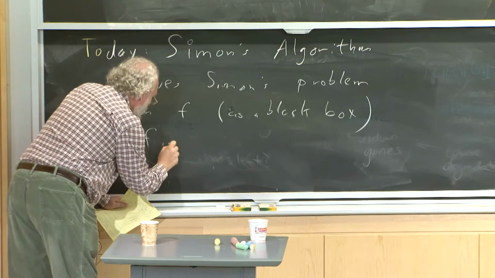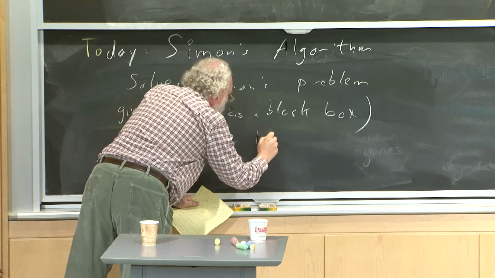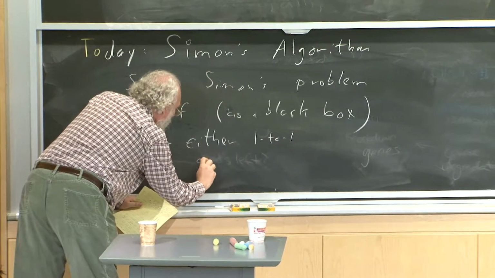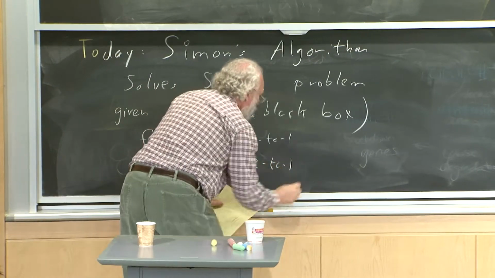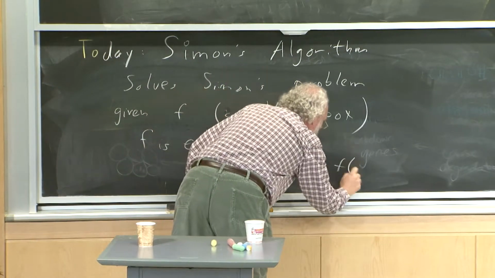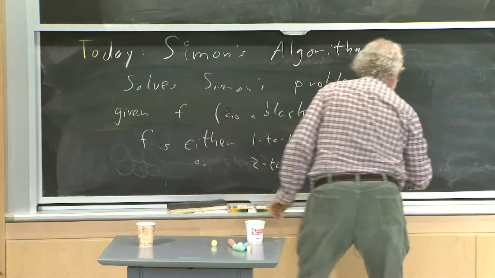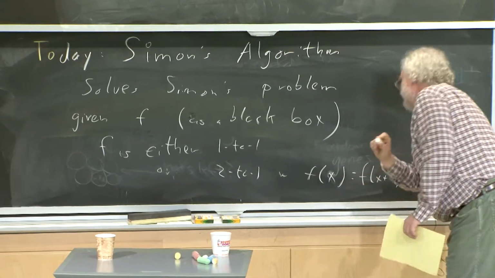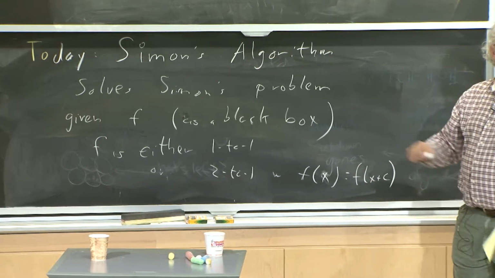f is either 1 to 1 or 2 to 1 with f of x equals f of x plus c. So this is another promise problem.